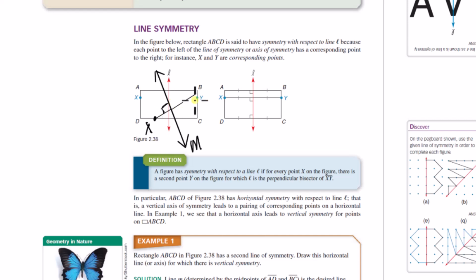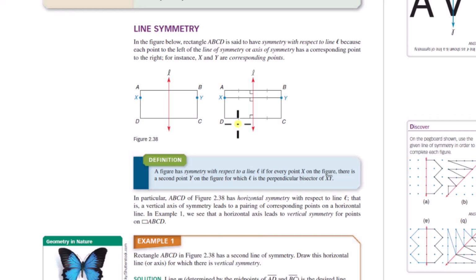But is it symmetric with respect to line L? Yes, because for every single point on this figure, you can find a corresponding point. You can draw a line that's perpendicular to the line of symmetry that passes through that point, and then you can extend that line through the line of symmetry to a point on the other side.